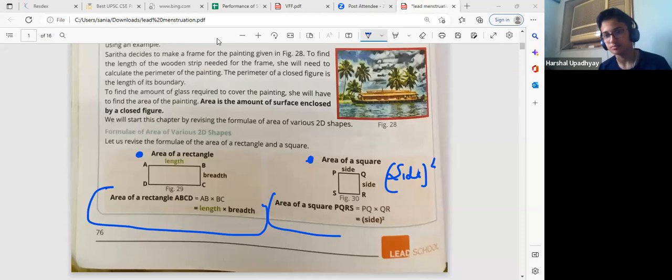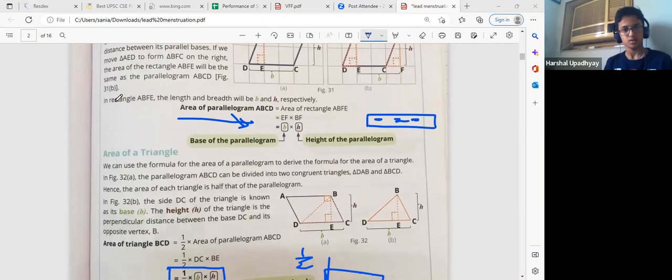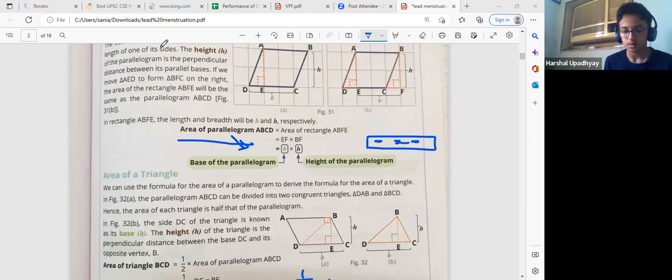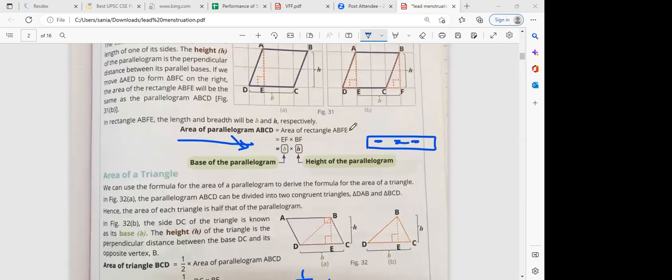Ma'am, you can scroll down. Just don't write it's equal to area of rectangle and all that.